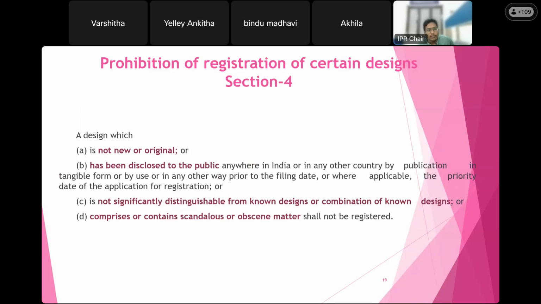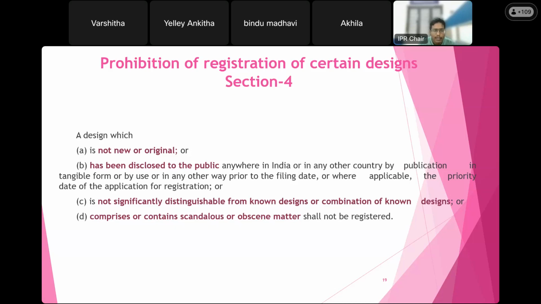And as per Section 4, a design which is not new or original. So the design should be new or original; then only you will get the design registration. And also, if it has been disclosed to the public anywhere in India or in any other country by publication in tangible form, (tangible form means it's not intangible, it is fixed on paper or something), or in the computer, or by use or in any other way prior to the filing date or, where applicable, the priority date of the application for registration.